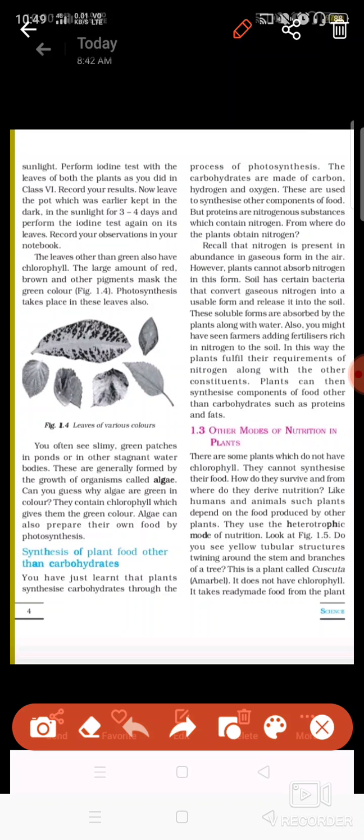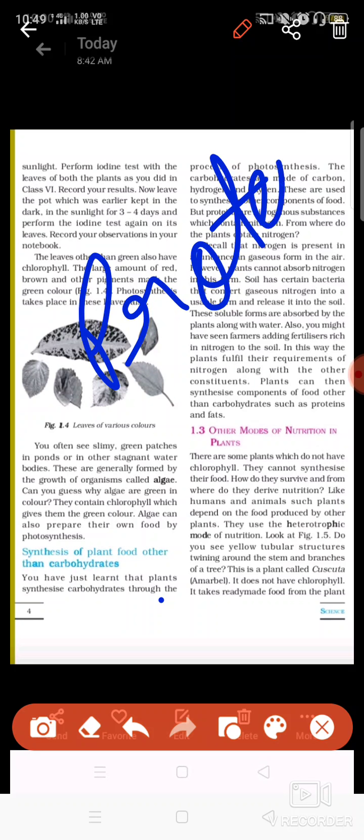These are another kind of autotrophic organism which can synthesize their own food in the presence of chlorophyll and sunlight. Plants can prepare many other things also other than carbohydrates, like proteins.